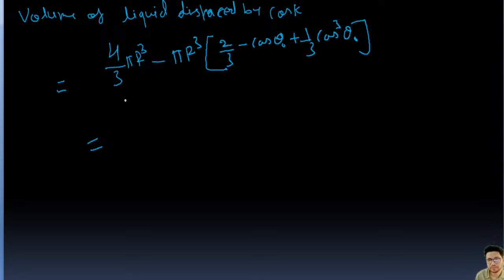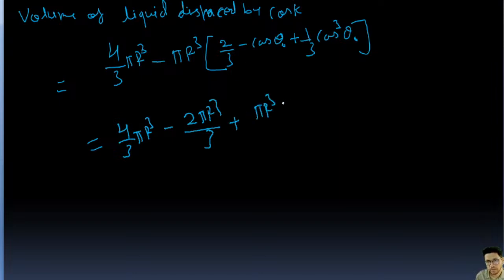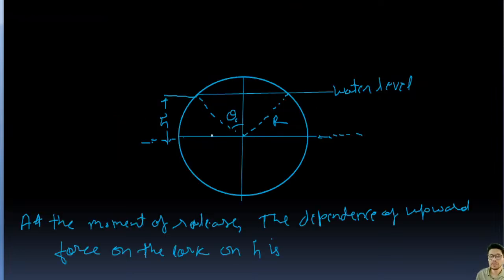So it is going to be 4 by 3 pi r cube minus 2 pi r cube upon 3, plus pi r cube cos theta naught, minus 1 by 3 pi r cube cos cube theta naught, right?